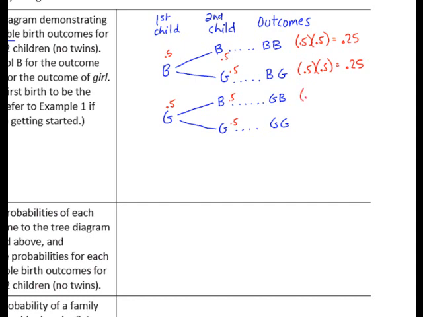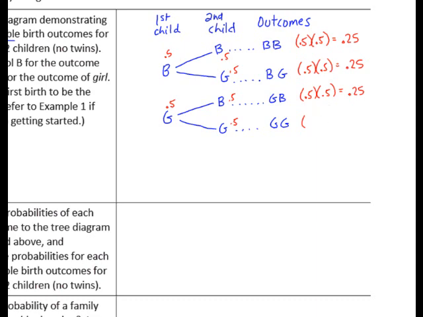Next, again, the probability for each is 0.5 and 0.5. And we multiply that and we get 0.25 again, and we will get the same outcome for the last. Let's go ahead and fix that. Small eraser, there we go.